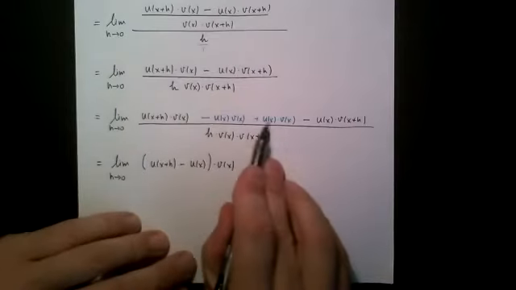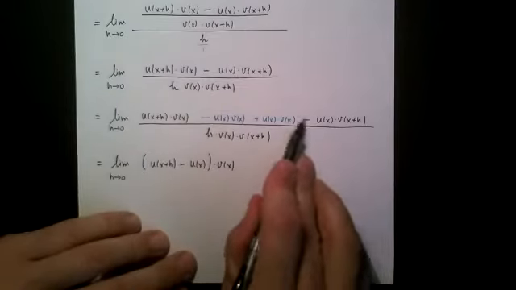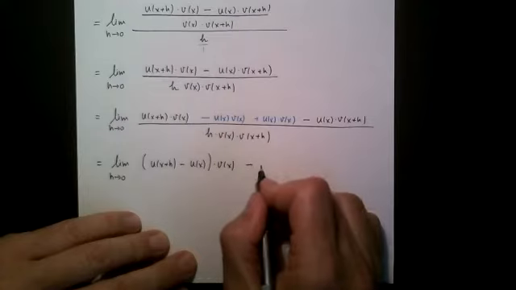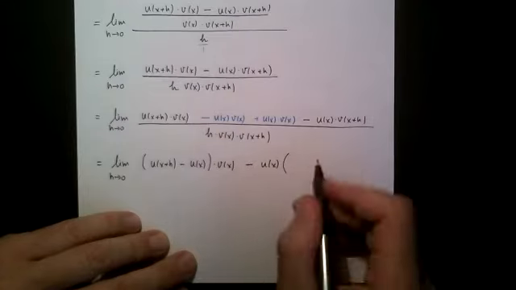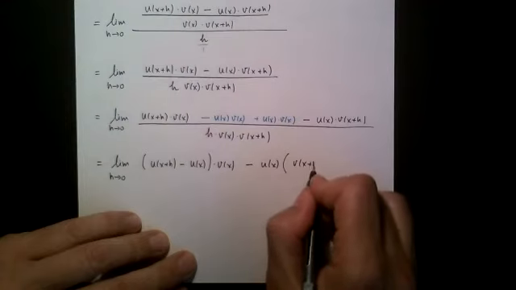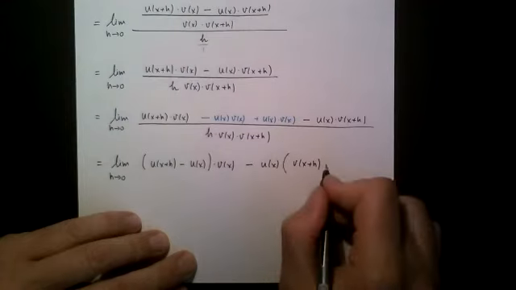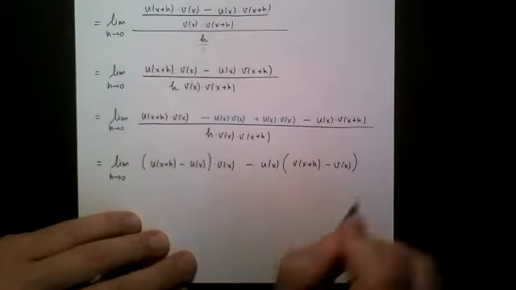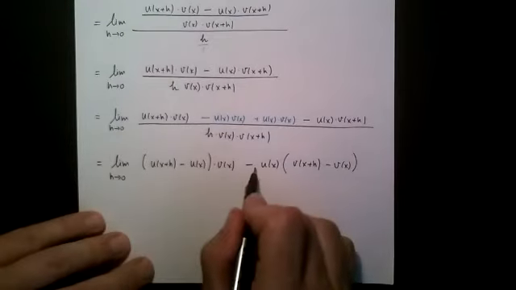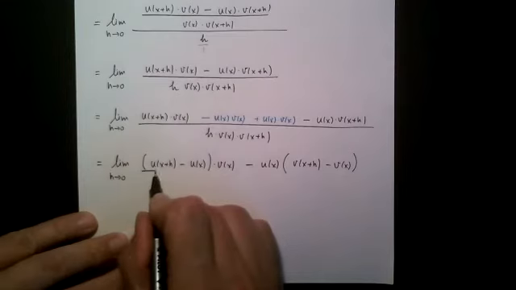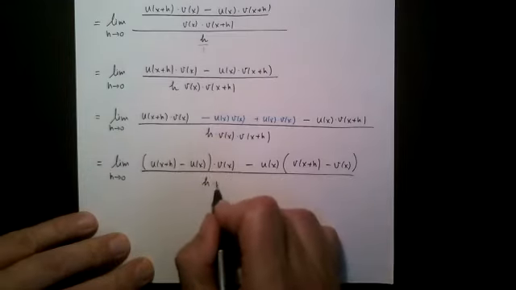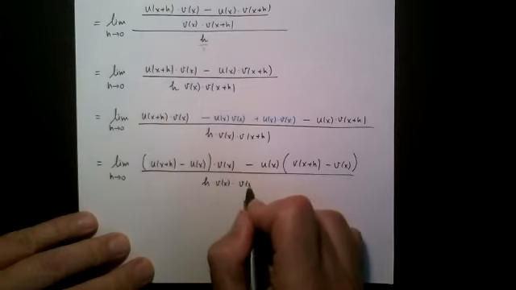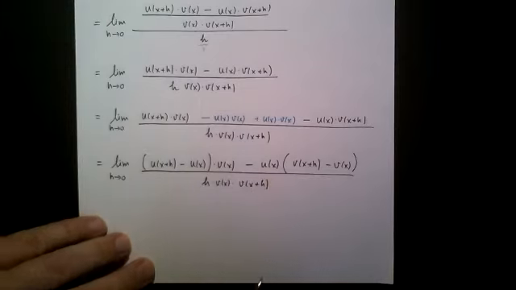And here, I will extract a minus u of x times, so this term will become v of x plus h minus v of x. So I played around with the signs because I extracted a minus. All this divided by h times v of x plus h.